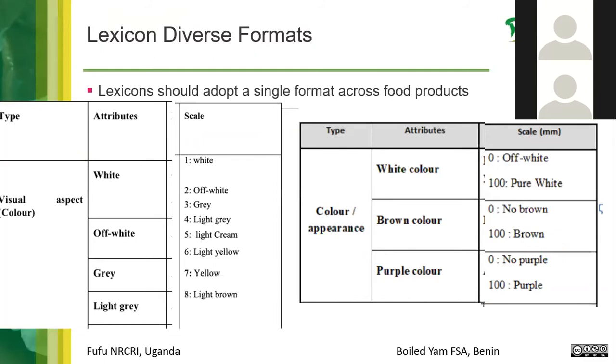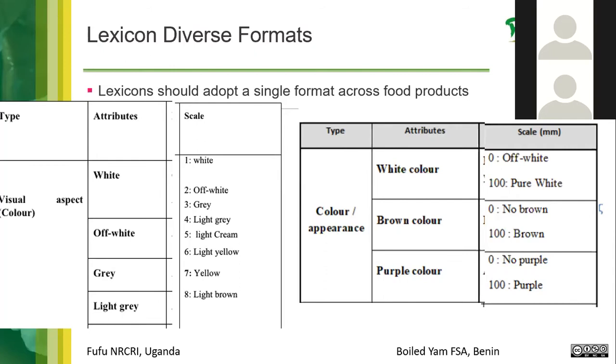It was also observed that different food products had different lexicons that were not in a single format. So as part of my recommendations, I have noted that we should have a single format across all the food products.